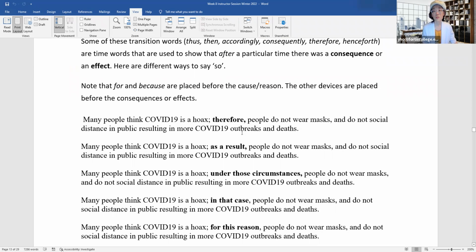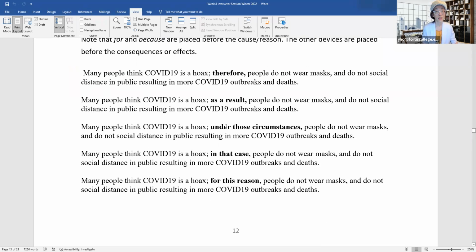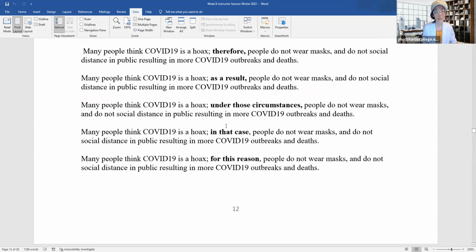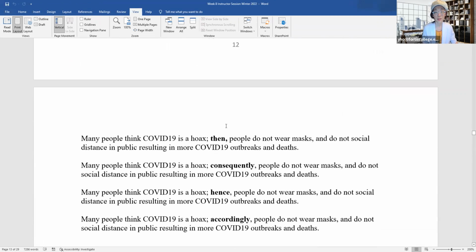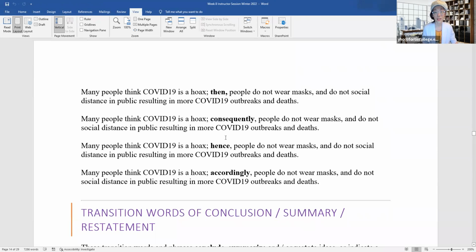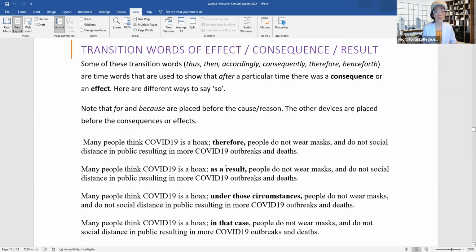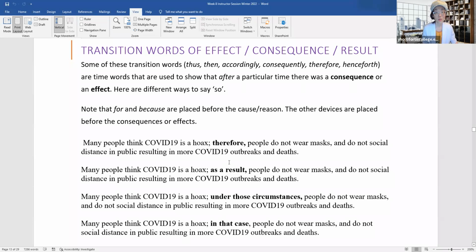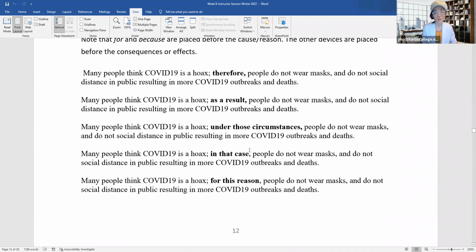Therefore, people do not wear masks and do not social distance in public, resulting in more COVID-19 outbreaks and deaths. As a result, under these circumstances, in that case, for this reason, then, consequently, hence, and accordingly. Once again, these are all different ways of saying so people do not wear masks. As a result, people do not wear masks.